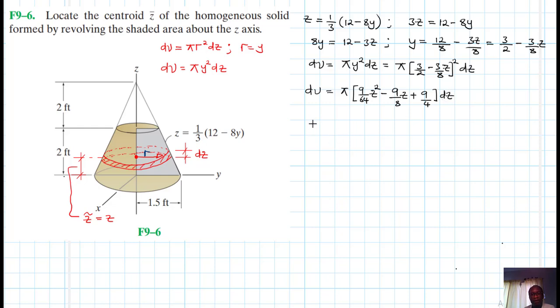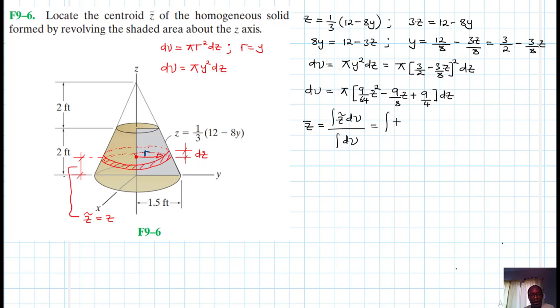Okay, and then what do we have now? z bar is just equal to the integral of z tilde dV divided by the integral of dV.